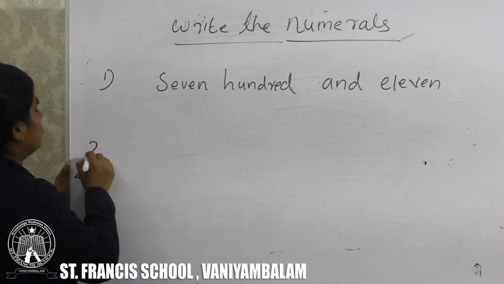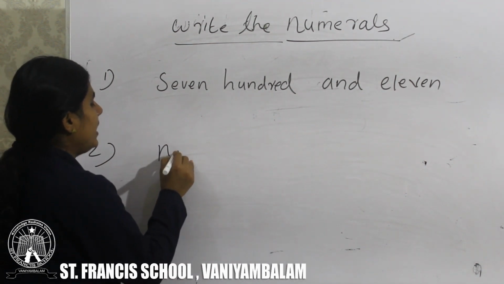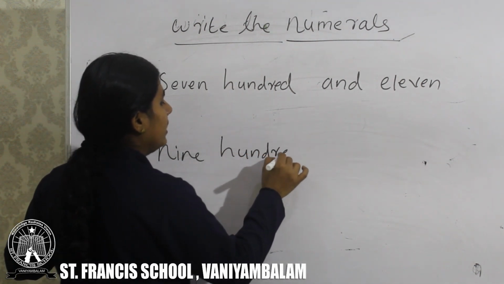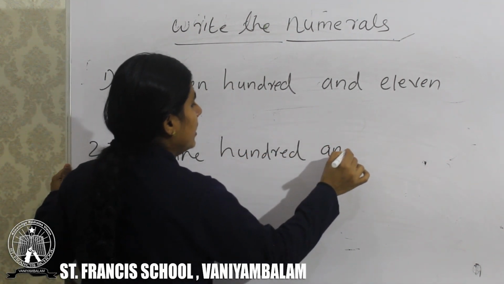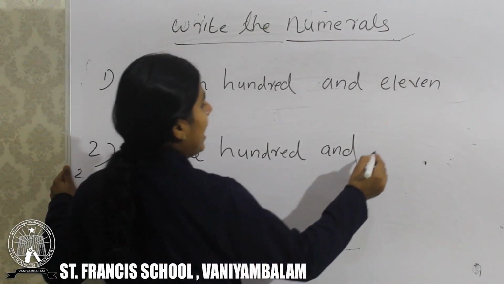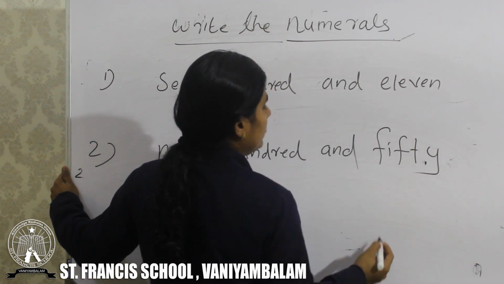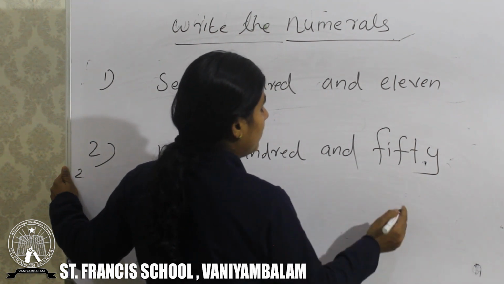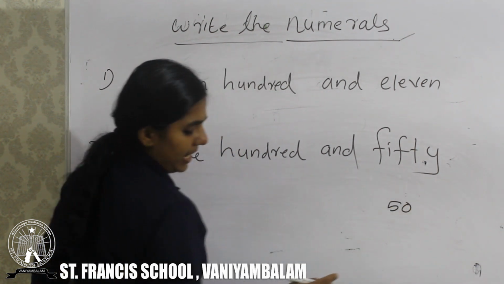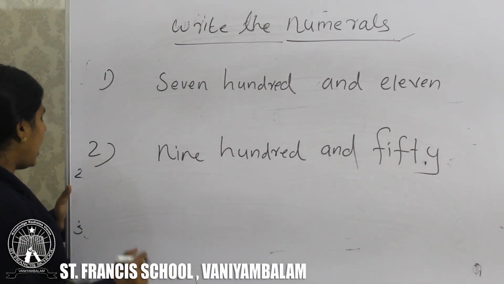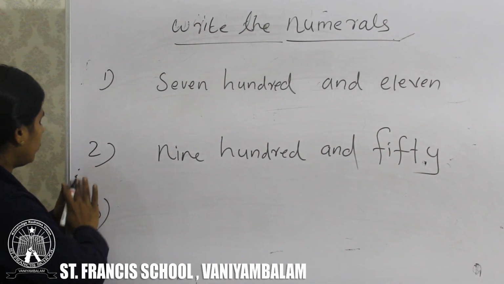Then second question. 900 and fifty. F-I-F-T-Y. Which number? How to write number 50? 50. Okay. 950. Our last one. Our last question.